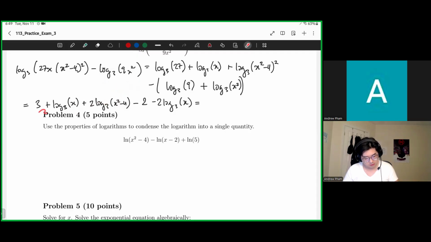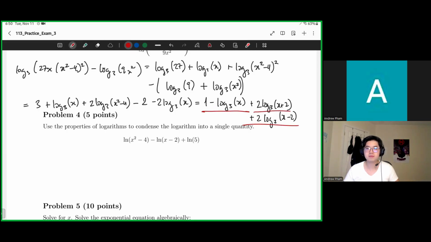And combining like terms, we have 3 and minus 2 log base 3 of x, and minus 2 log base 3 of x to get 1 minus log base 3 of x plus 2 log base 3 of (x plus 2) plus 2 log base 3 of (x minus 2), like so. So your final answer is actually given in what's underlined in red.